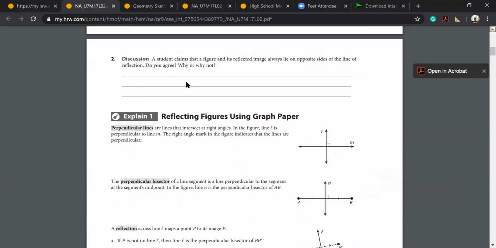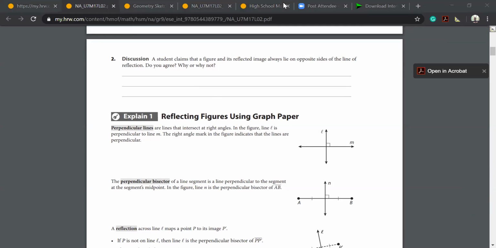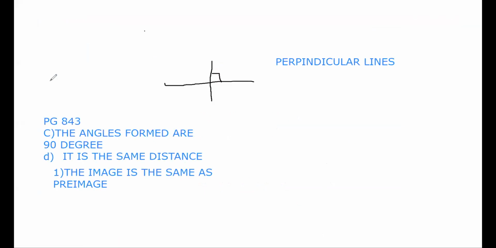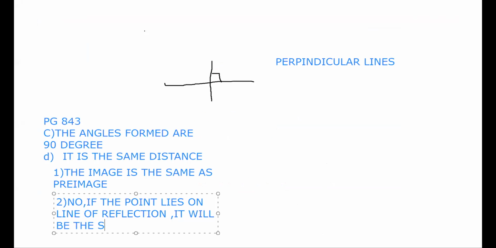For question 2, we are going to tell him no, if the point lies on the line of reflection, it will be the same.